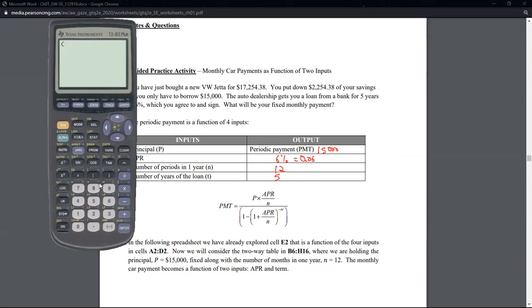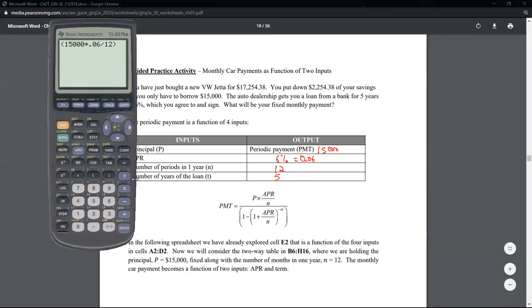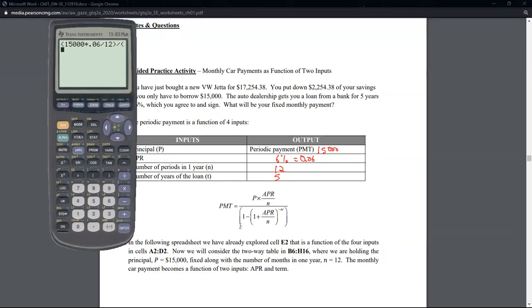Parentheses, the principal of $15,000, then times the APR, which is the 0.06, divided by the N, which is 12, and close it. So that's the top portion, then divided by, and then we open another parentheses. That's this big one right here, which again, does not have to be seen. In fact, the formula sheet I gave you, I don't have it there.